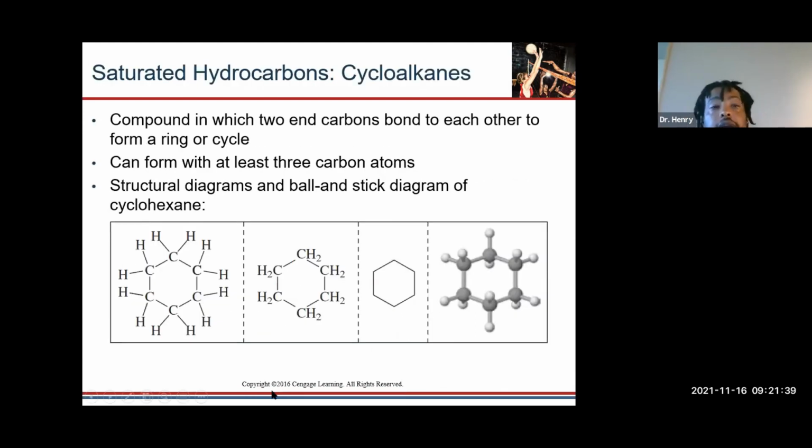Okay. Sometimes we have what we call cycloalkanes. Now, cyclo just basically means that the carbons are connected in a ring structure. In this case, this has six carbons in this ring structure. 1, 2, 3, 4, 5, 6. So since it has 6 carbons, the prefix would be what?